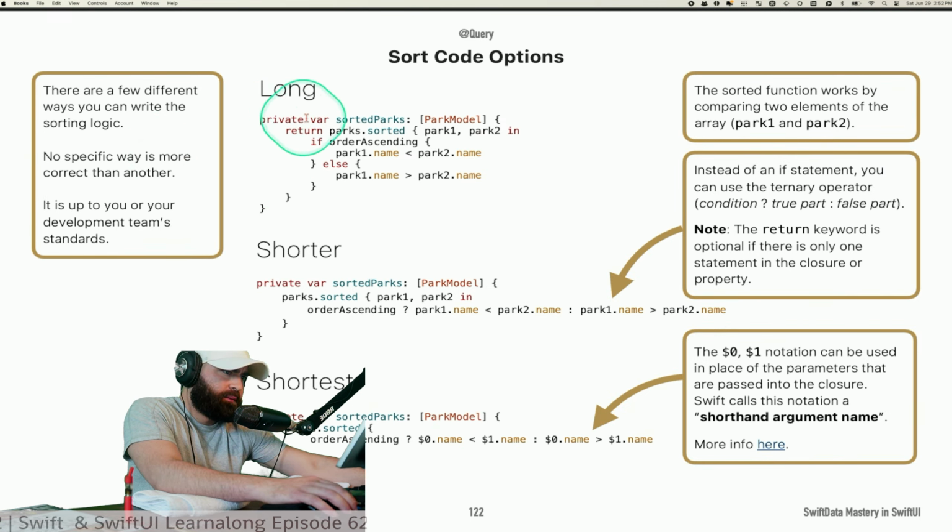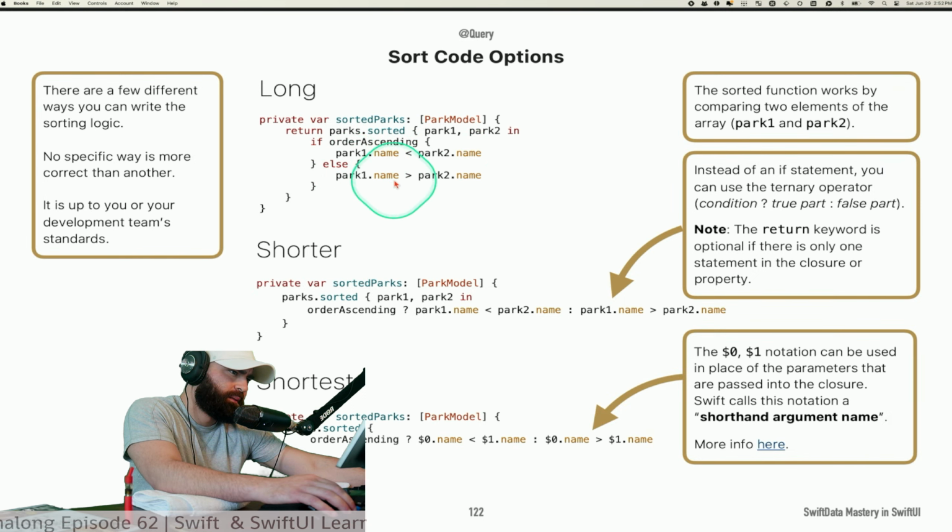Long version: private var sortedParks, parks. Return a sorted version of the parks using this logic. If orderAscending is true, then park1.name, order that above the next.